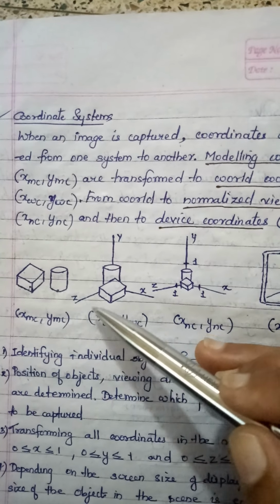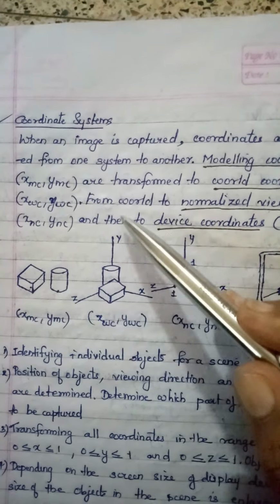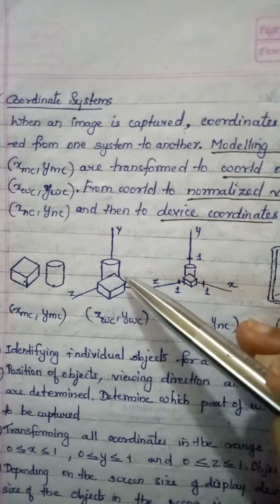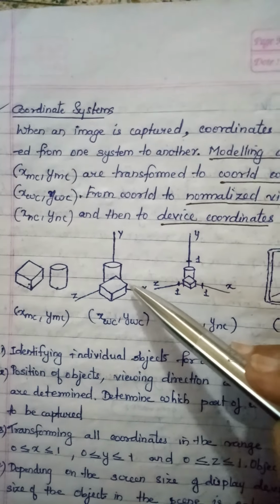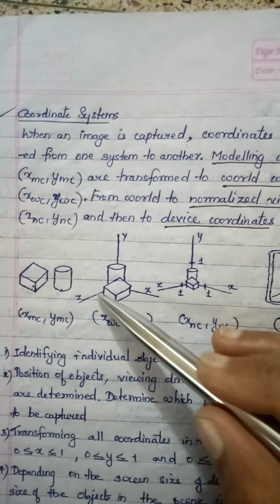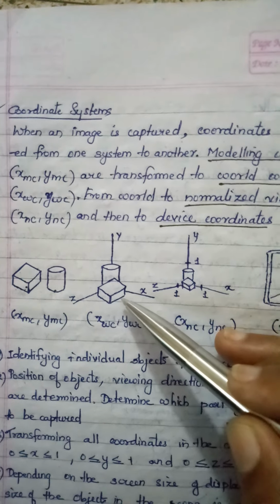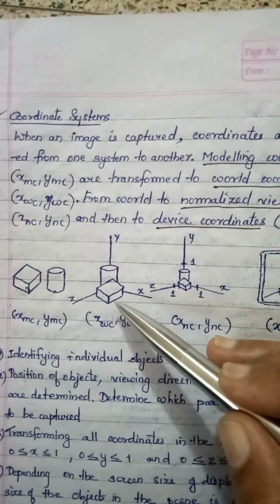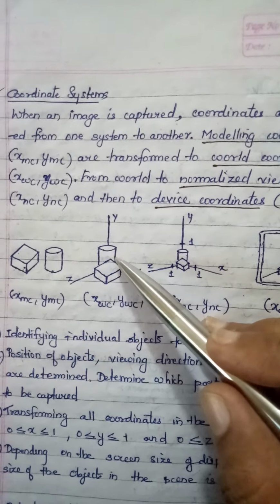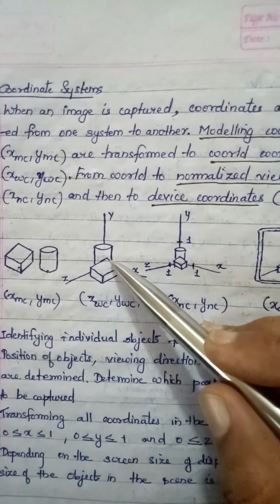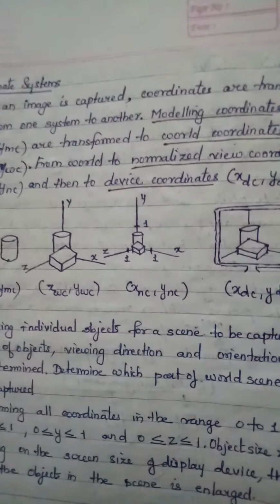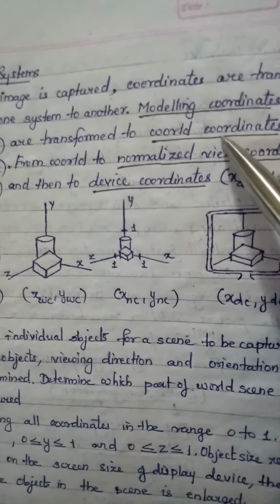Whether I am going to take the photograph from the front side, or from the top, or from the side. So the direction of the viewing is to be determined and the positions of the object is also to be specified. These 2 things are specified in world coordinates. What are they? One is the positions of the object, next the viewing direction. All these things are specified in world coordinates.